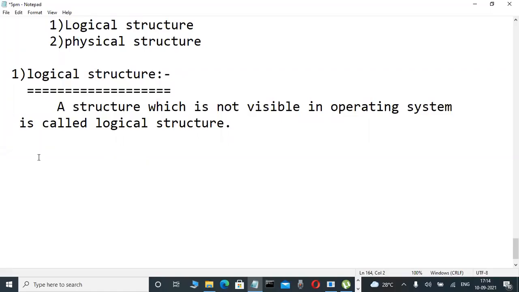Very important definition. Not only on the Oracle side, on any DBMS software the database definition is like this.